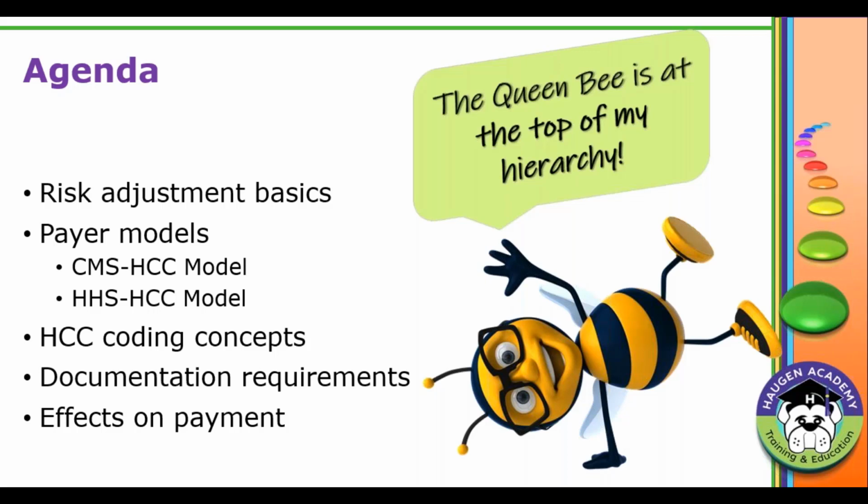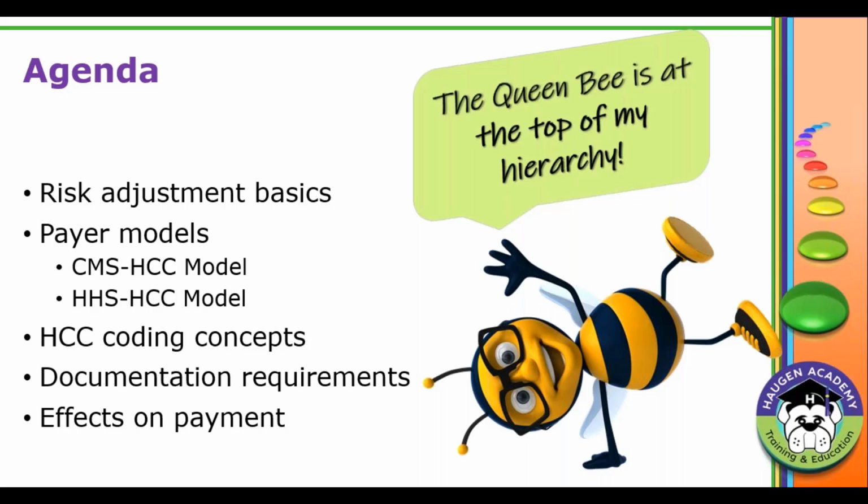So diving into the basics, we're going to talk about two different payer models, one from CMS, Centers for Medicare and Medicaid Services, and then one from HHS, Health and Human Services. We're going to talk about the HCC coding concepts, how codes map to HCCs, and how the hierarchies work within the model.